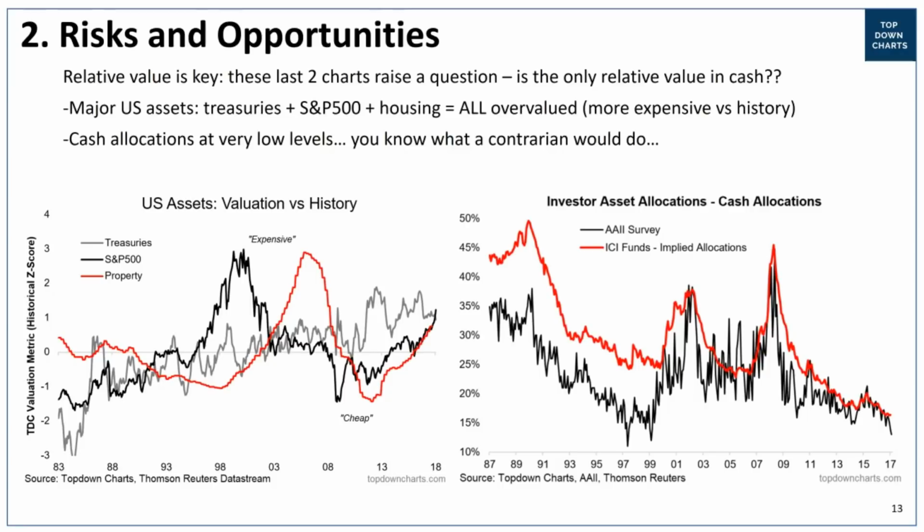And it may well be that cash is the only place to hide. If treasuries unwind their overvaluation in a rapid manner, then that's going to hit property, going to hit stocks, at least short term.